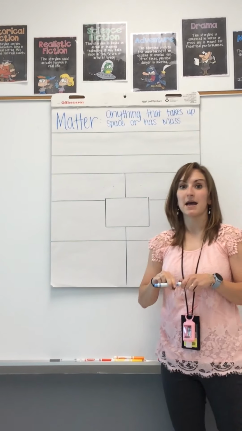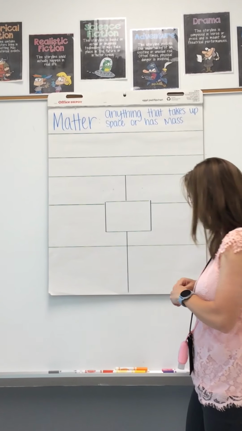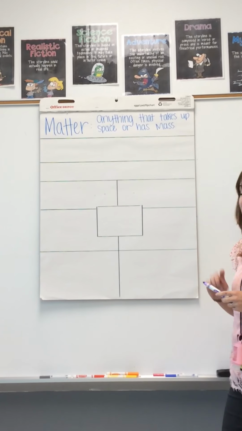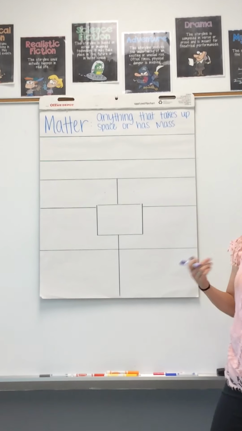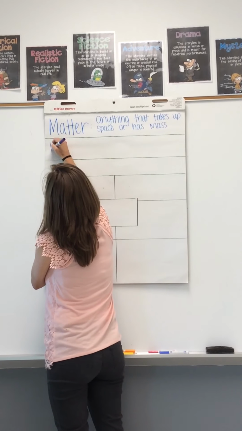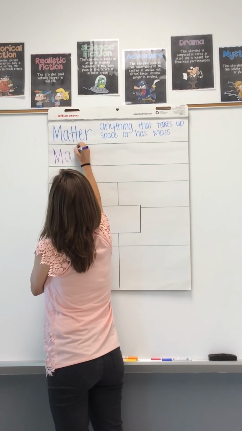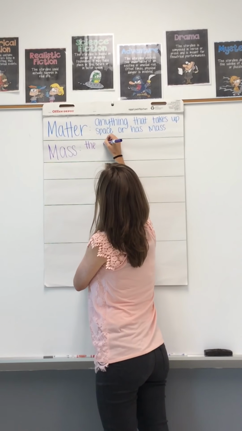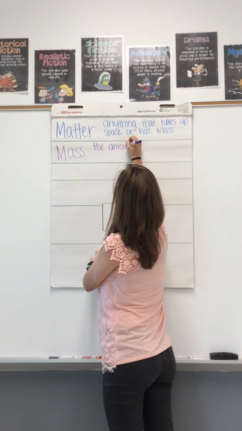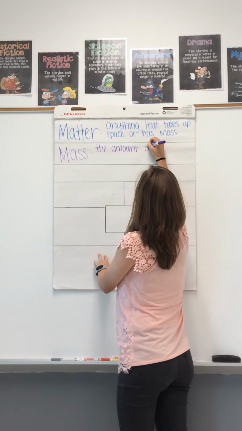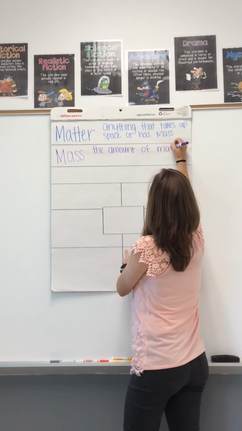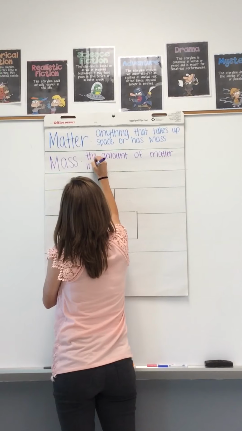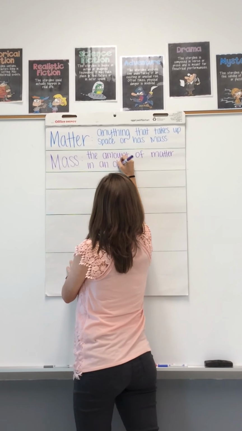But what is mass? Well, I'm glad you asked, because that's what we're going to go over next. Mass is the amount of matter in an object. So it can be light or heavy. So mass is the amount of matter in an object.